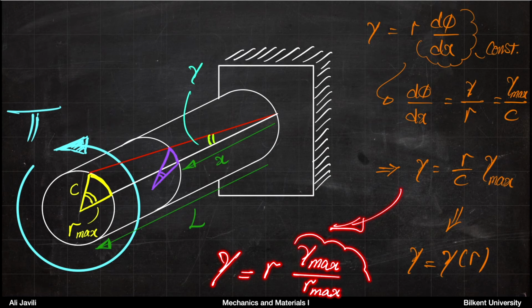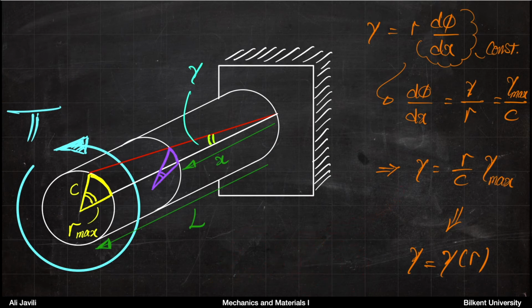Now, gamma max divided by r max is constant. That tells you gamma is proportional to r. It's a function of r, and it's linearly proportional to r. That tells you that if r is 0, gamma is 0, which makes perfect sense.